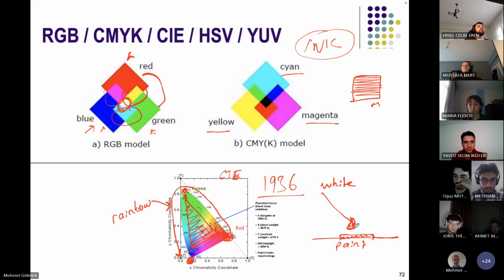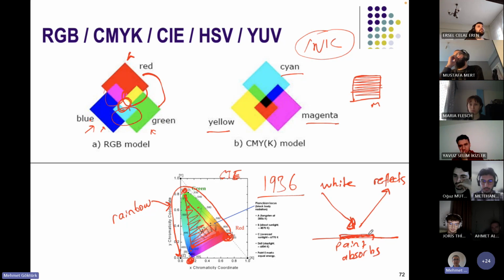Probably no. So it reflects light, but absorbs some other light. So when you paint something, it only determines the absorption because it is not a light source. You can only change absorption.